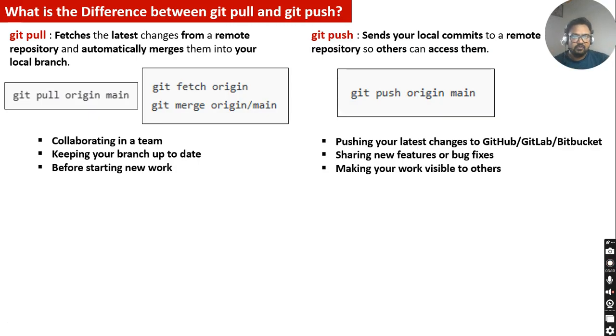Pushing your latest changes to GitHub, GitLab or Bitbucket is one use case. Another is sharing a new feature or bug fixes. If you are modifying your automation script, you can upload it, making your work visible to others.